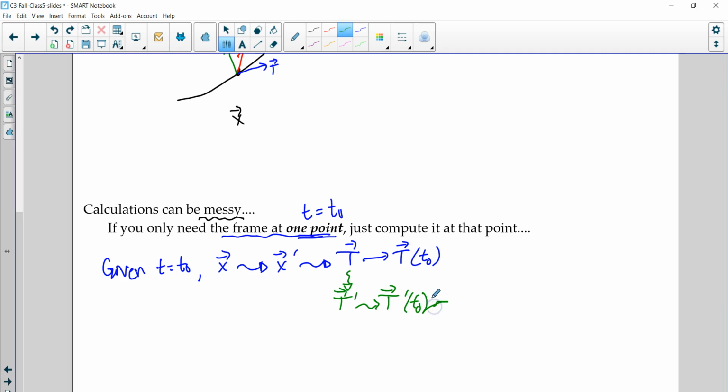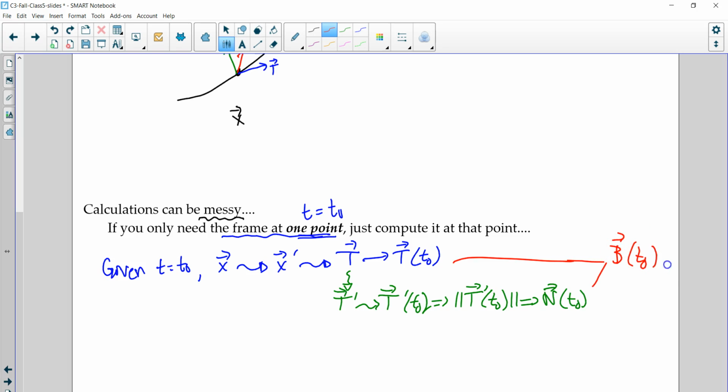From here you can find the length of the derivative of the unit tangent vector at that point, which you can use to find your unit normal vector at that point, and then finally use these two in conjunction via a cross product to get your unit binormal vector at t naught.